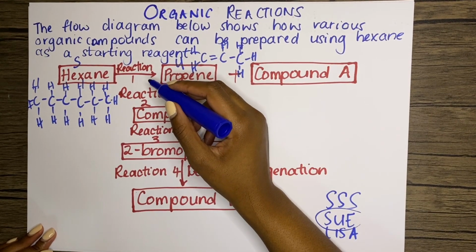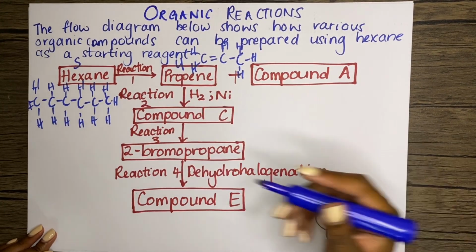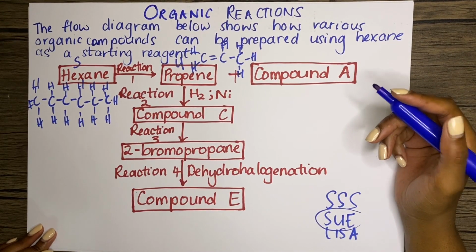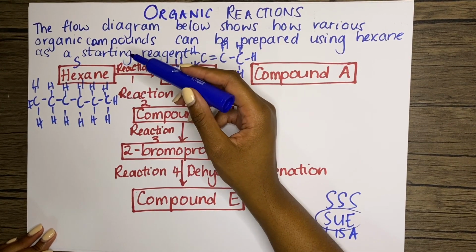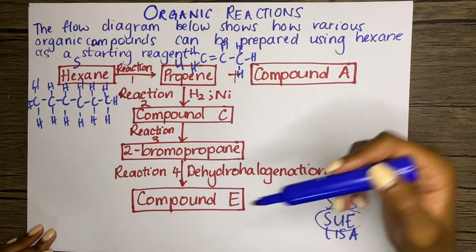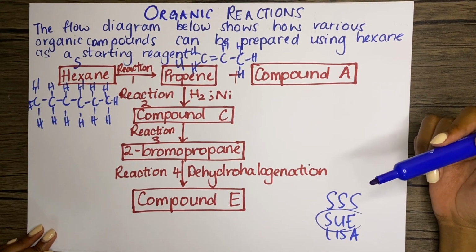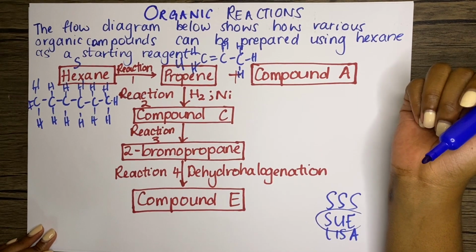So during thermal cracking, what are the reaction conditions? This is helping me to prepare for the exam, right? So when I look at this diagram, for each, I can break it down to say what type of reaction is happening, what type of elimination, that's thermal cracking, and then I can look at what are the conditions for thermal cracking.